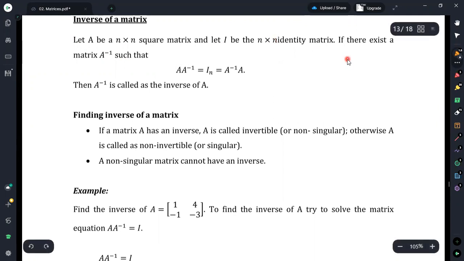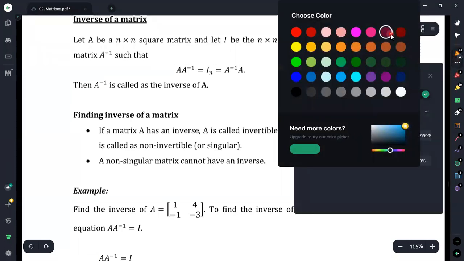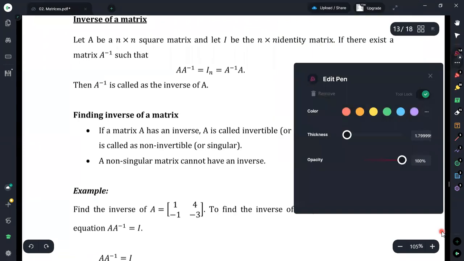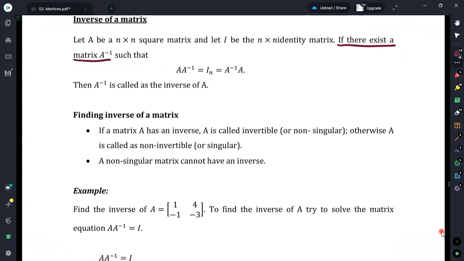And we say that if there exists a matrix A inverse. The term says that if there exists, it means that sometimes there may not be existence of the inverse. That is why this term is used. Suppose that for some matrices no inverse exists.